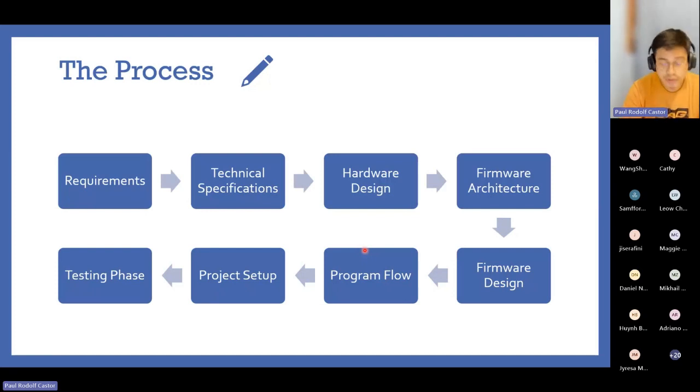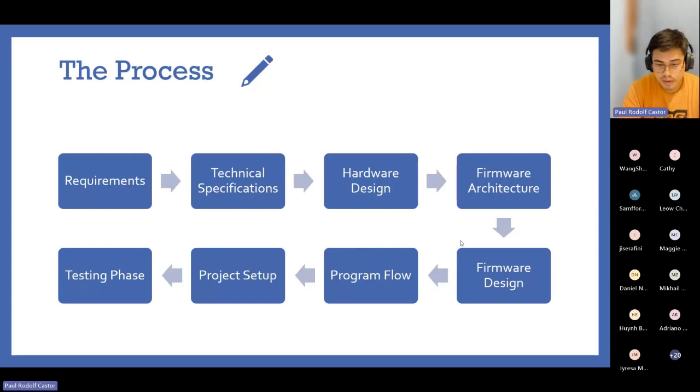So every project should solve a problem, and that is meant for the requirement phase. For the presentation today, I'm going to work with a weather monitoring station. From the requirements, we will derive technical specifications, and from there we will derive our hardware design.